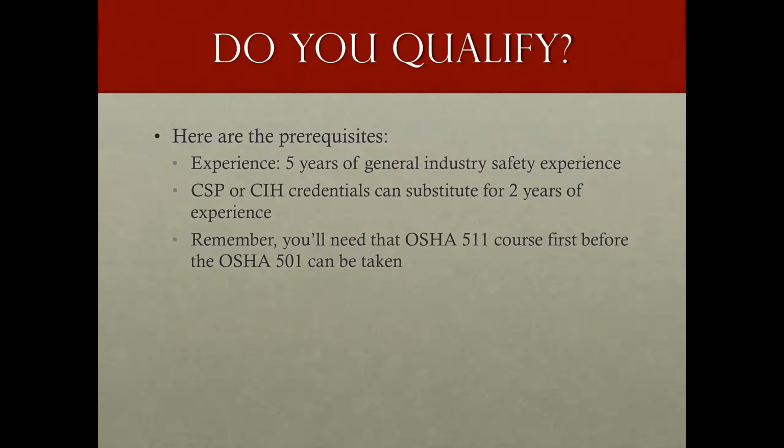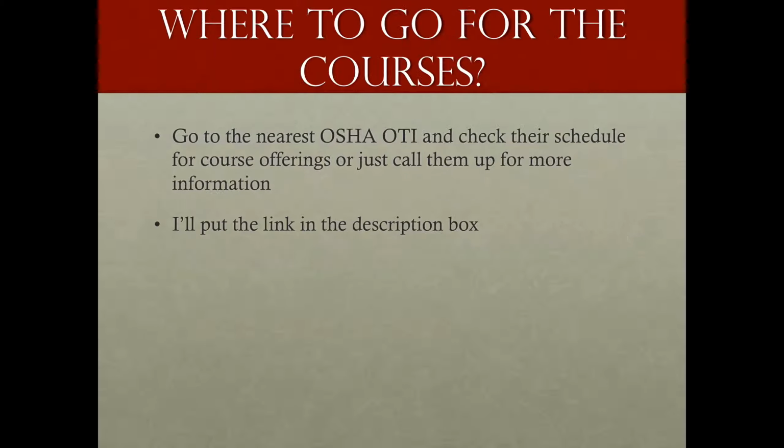But this is interesting to me because in order to get those, usually you have to have 5 years of experience. So it's kind of either way, they want 5 years of experience. And again, remember that you'll need to take that OSHA 511 course before you can take the 501. In fact, you'll have to submit that with your application before they register you for the 501.